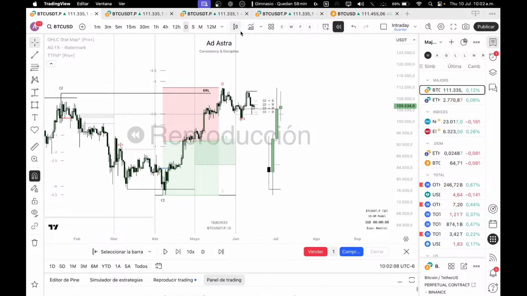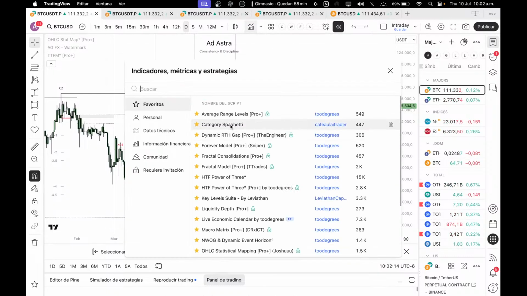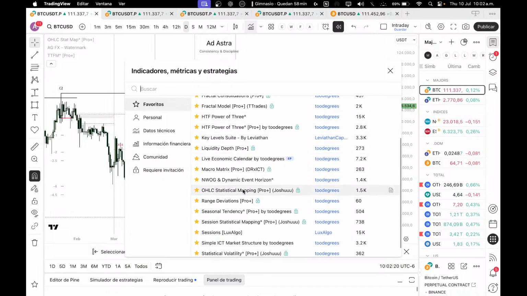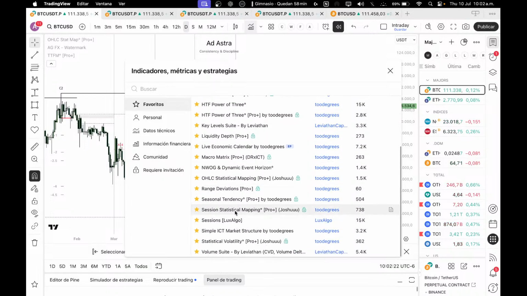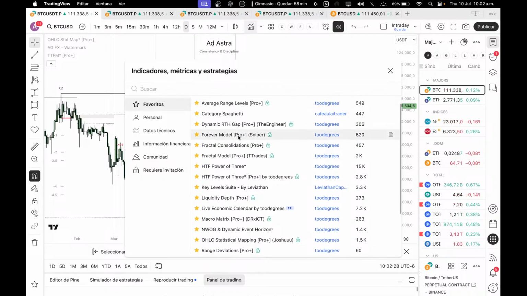One of the indicators that I've been trying these weeks, because I've been trading these weeks, but mostly, okay, private, let me check, where is it, what I'm looking for, guys. Okay, fractal consolidations. No, this one is a nice indicator, but the fractal is way better, to be honest.